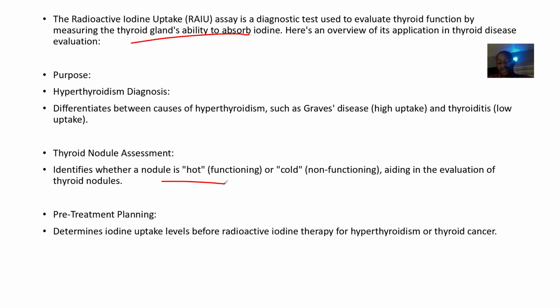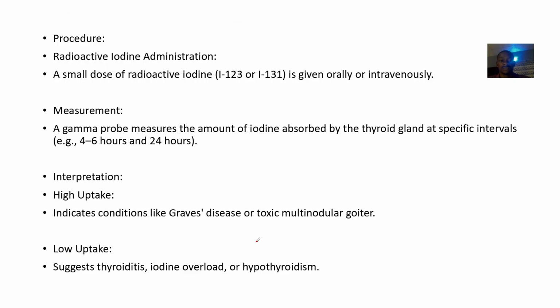Then pre-treatment planning. You want to determine the iodine uptake levels before radioactive iodine therapy for the hyperthyroidism is now given. Right? So procedure is the radioactive administration. So you give iodine, okay, could be the 123 or 131, given orally or intravenous.